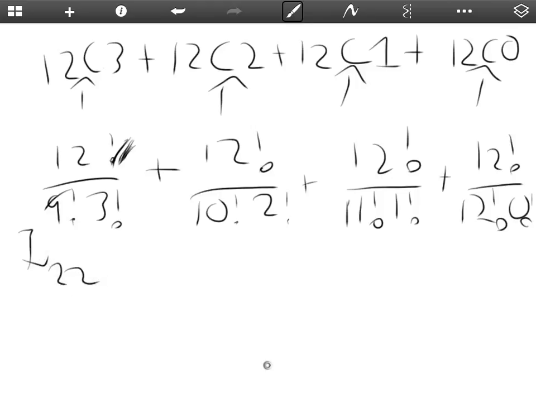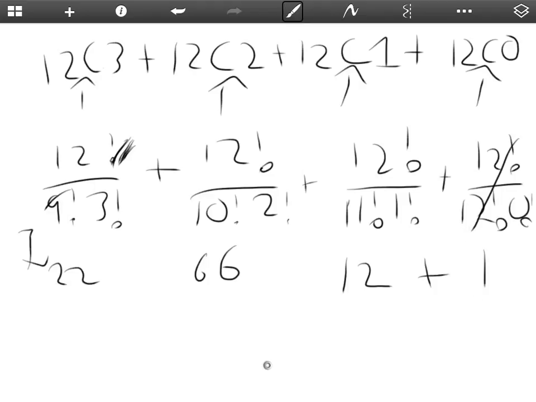Same thing here: 12 times 11 divided by 2 is 66. Then for the next one, 12 divided by 1 is just 12. And then the 12 factorials cancel, leaving 1 over 1.